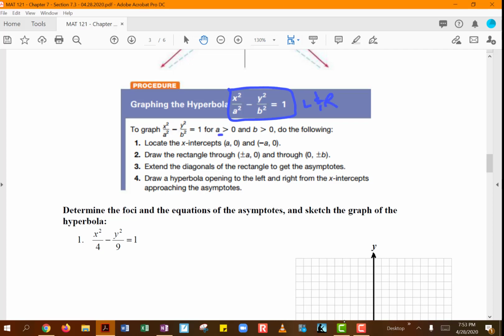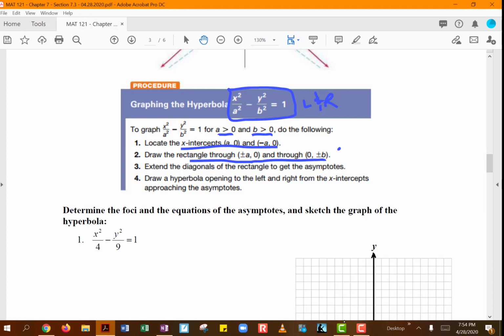So of course you can see both our a and b values are going to be positive. The coordinates (a, 0) and (negative a, 0) will give us our x-intercepts. We draw our rectangle, they are saying, through the points positive and negative a, 0 and through the points 0 and positive and negative b.